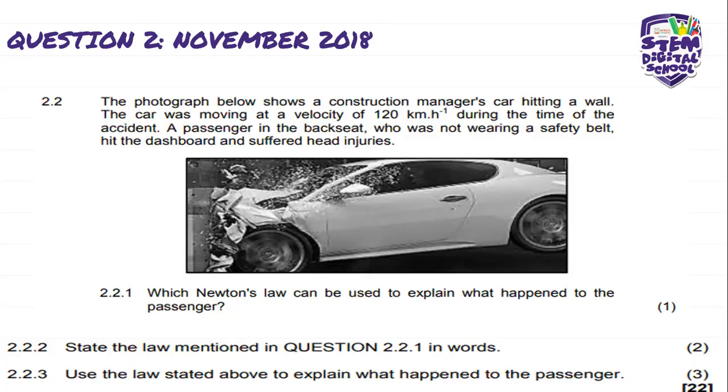If an object resists any change in its state of motion or rest, we say it has inertia. The state of motion of the passenger was moving forward. So when the crash occurs, the passenger's body wants to continue to move forward. That is exactly what happened, because the passenger's body was moving at 120 kilometers per hour forward.